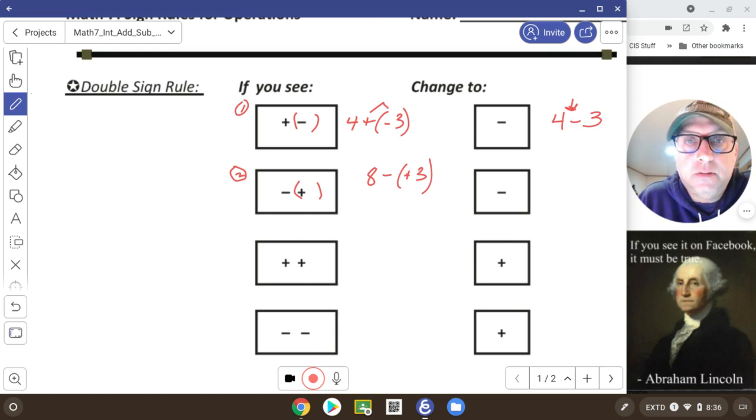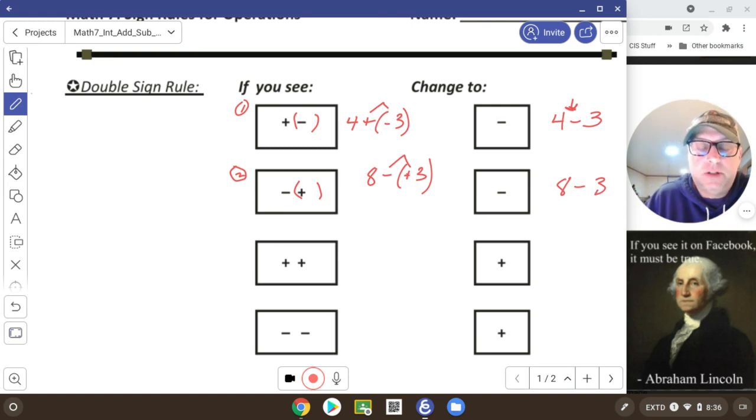Minus a positive. Again, not likely to see it, but if we do, this combination of minus then plus also just equates to a straight minus. 8 minus positive 3 is the same as 8 minus regular 3.